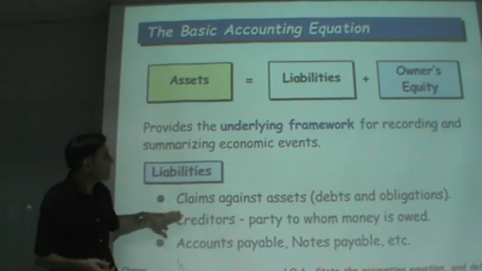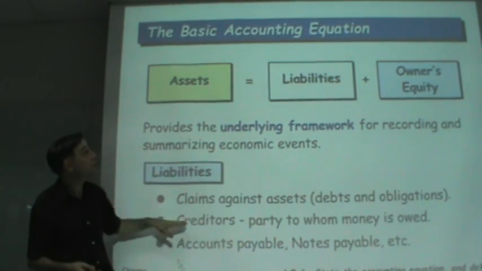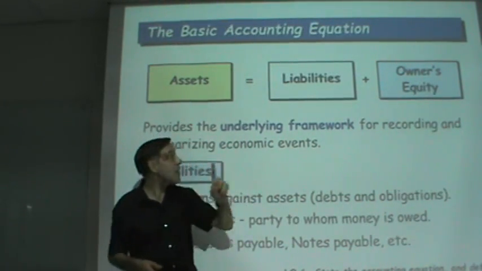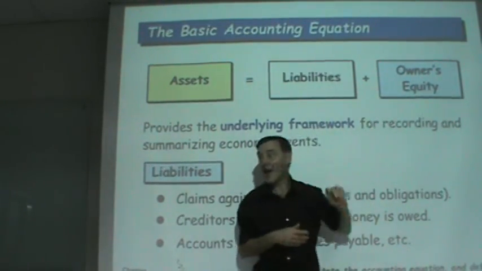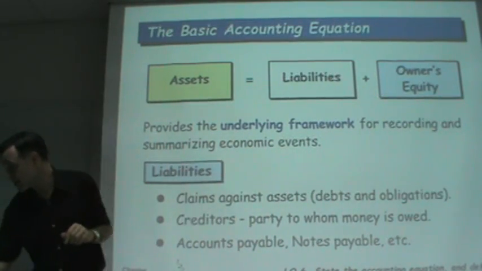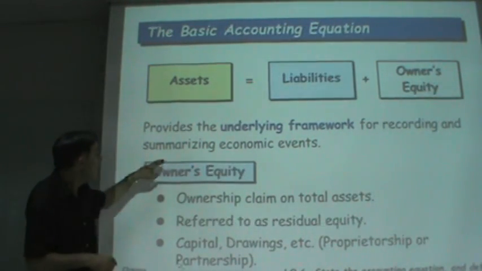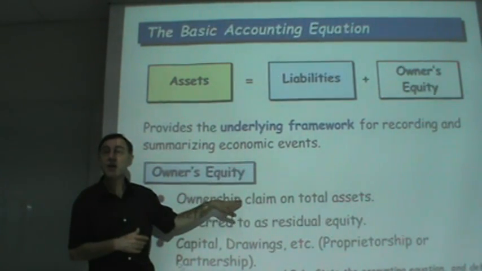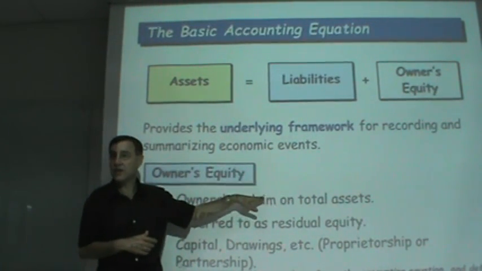So, liabilities tell you everything which is owed to creditors. And here's one last piece, the owner's equity. Let's explain this part. Owner's equity means ownership claim on total assets.